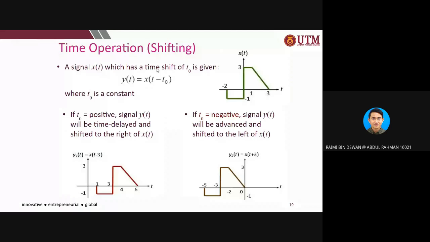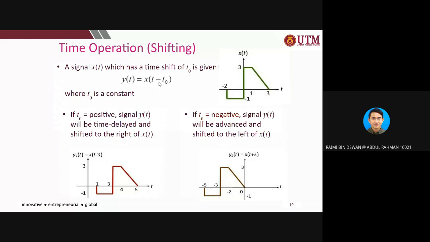If it's time delayed, it will be shifted to the right, and if it's time advanced, it will be shifted to the left. You can see here t minus t naught. Make sure to put it in an individual bracket, as I suggest, so that you easily distinguish and make fewer mistakes.